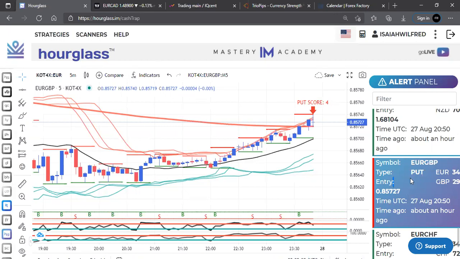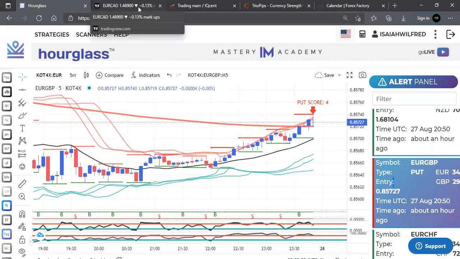Let me not go back, but just understand that the last letter showing there represents what you should be looking for. B means the buyers are in control, or this trend is a buying market. If it gets the S, it's a selling trend or a selling market.